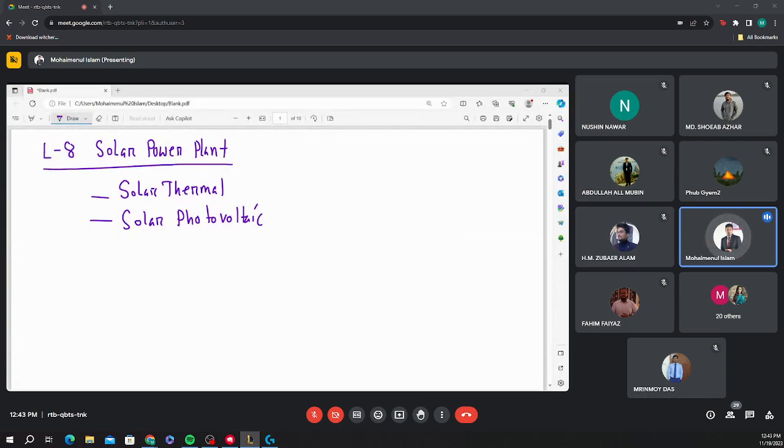Before going to the detail of solar thermal and solar photovoltaic, we will discuss solar radiation first. So what is solar radiation? Any idea about solar radiation? Anyone? What is solar radiation? The amount of sunlight that we are getting from the sun, the amount of photons in that sunlight, sir.